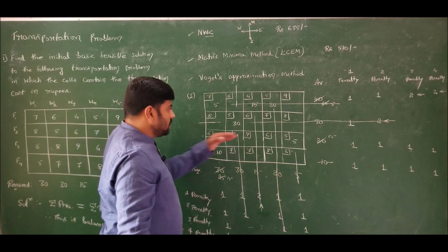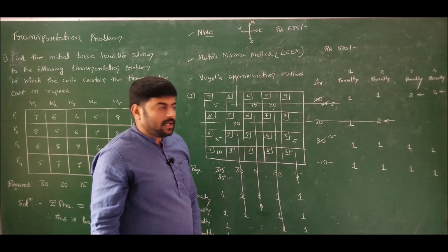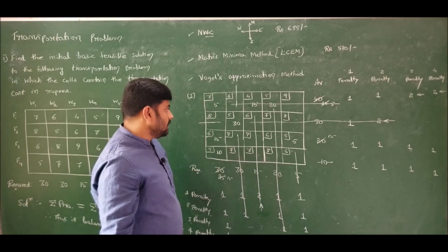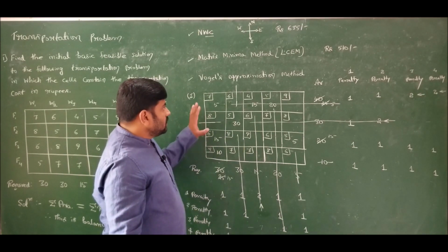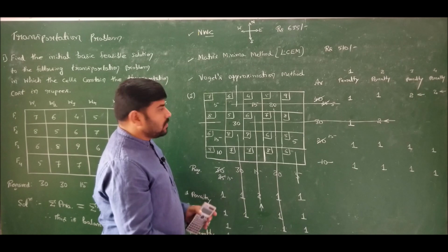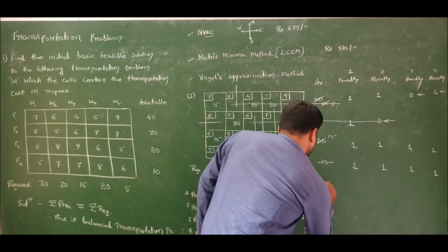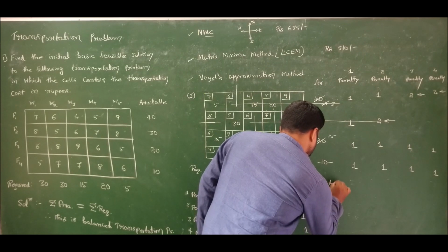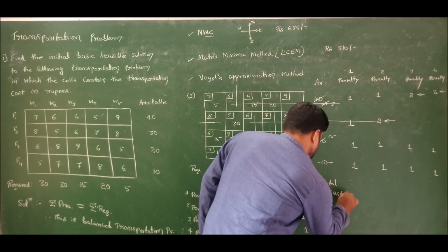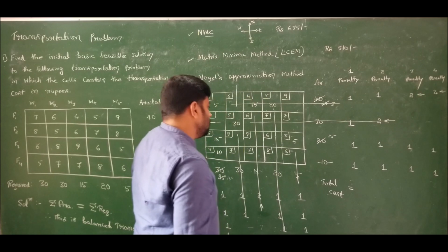So in the 5th we got tie, so therefore I broke it arbitrarily. Now I have done the allocation. Let me calculate how much is the total cost that I am going to get. So total cost will be, how much is the total cost?